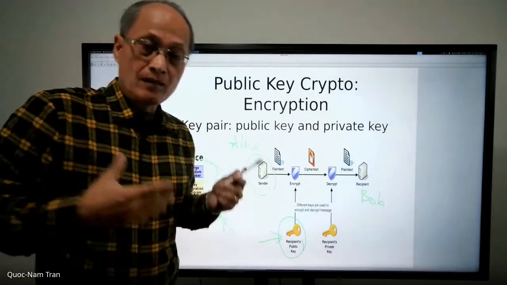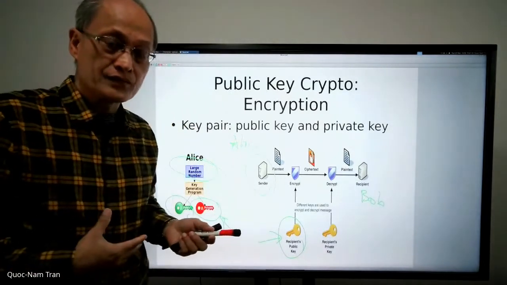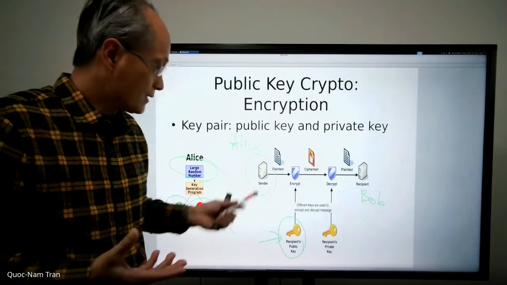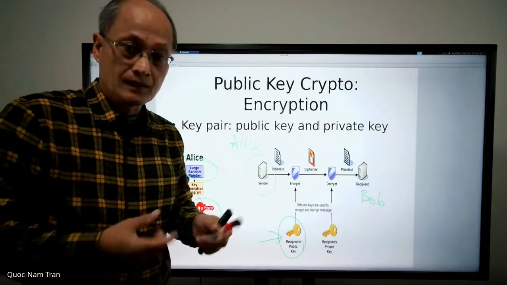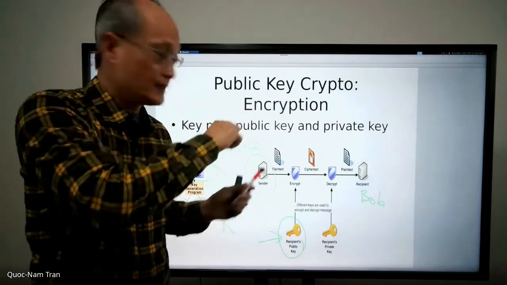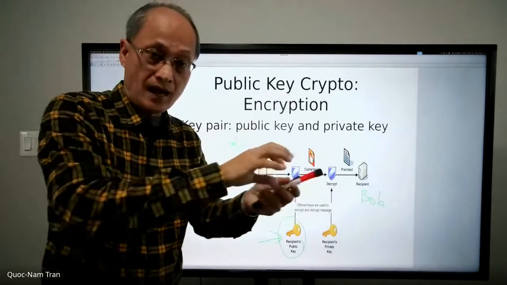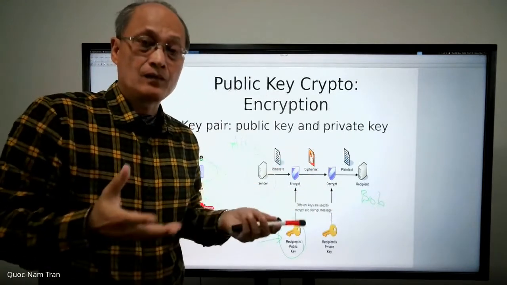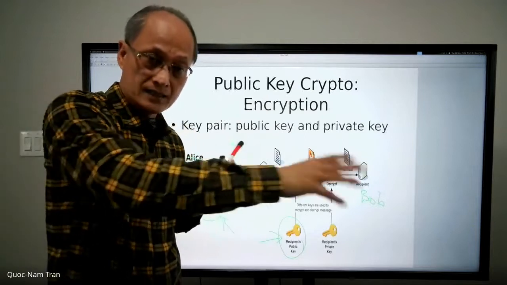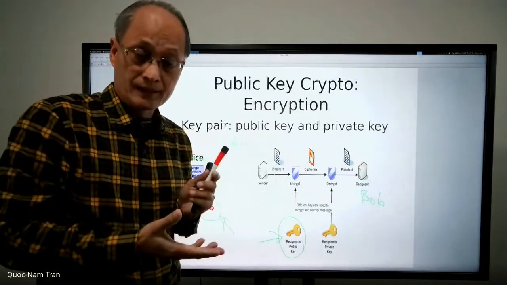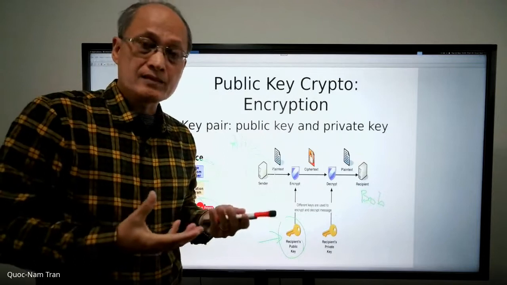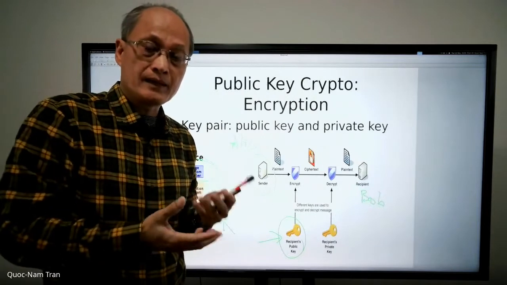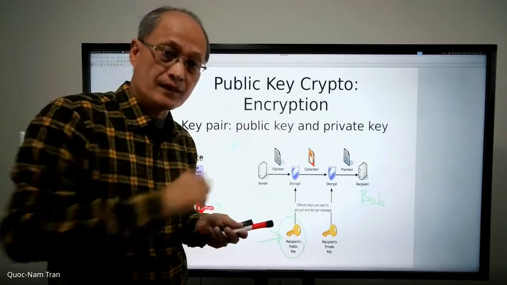I don't want everybody to see the message because the message can be, let's say, she sent me the ID of the Bitcoin, right? Or in other words, the ID number of her wallet. Everybody has a Bitcoin, and in the wallet they have the ID for each of the Bitcoin.